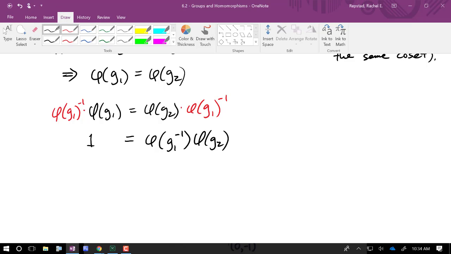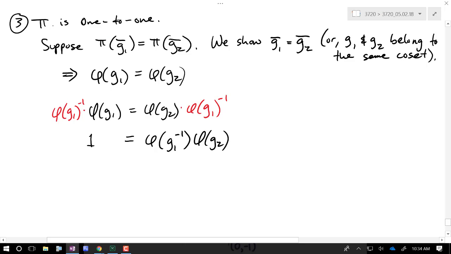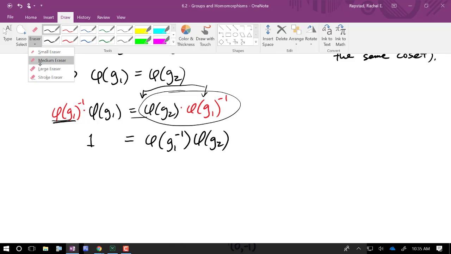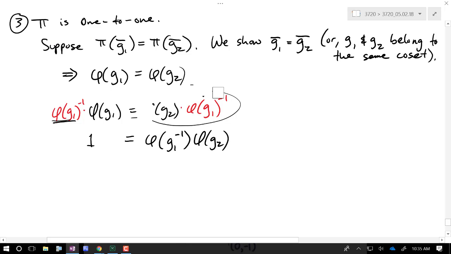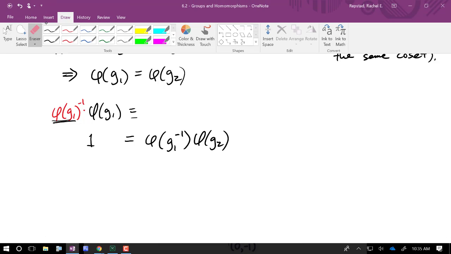I really should fix something here. It's going to seem small, but it's important because we don't know that these operations are commutative. We're not assuming that. When I multiplied by phi of G1 inverse, that factor really should have been over here, because I have to multiply on the same side. I have to left multiply or right multiply. So I'm going to fix that real quick and apologize for making you go back. What is the reason for that?